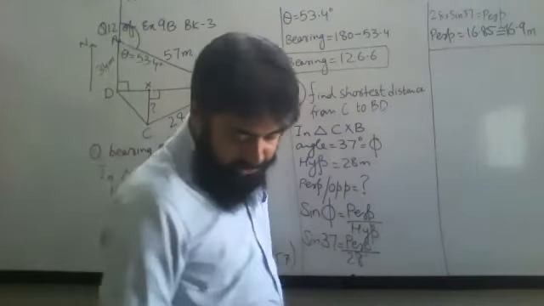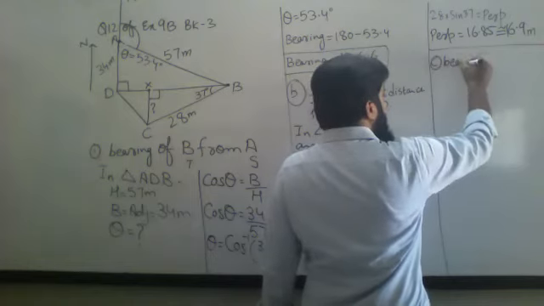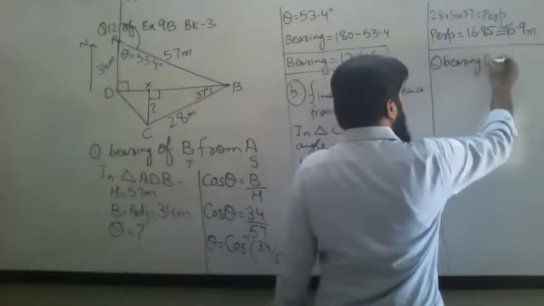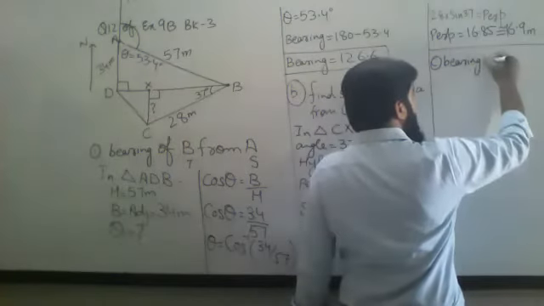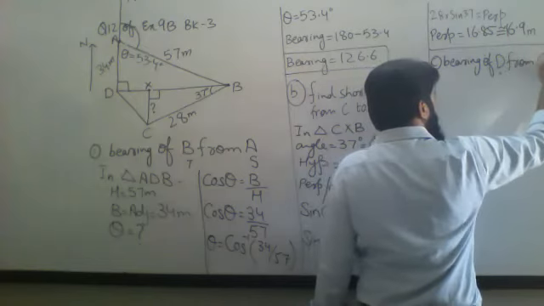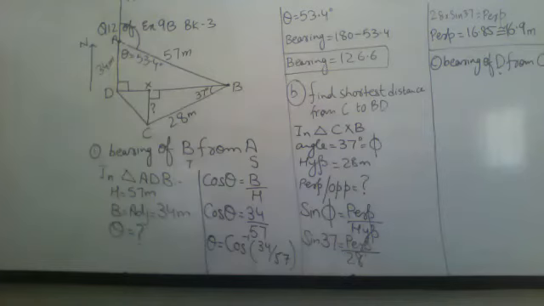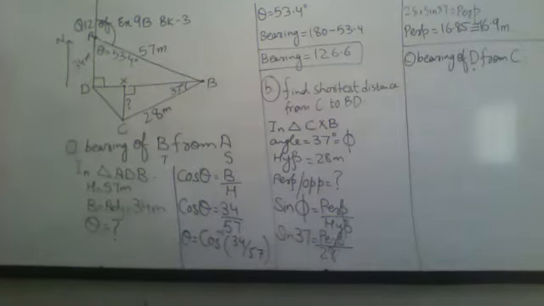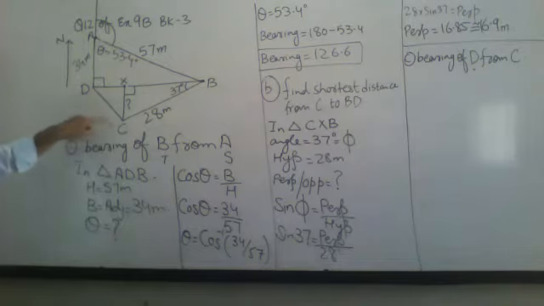The key part of the question is saying find the bearing of D from C. I have to find the bearing of D from C. So where is my C?